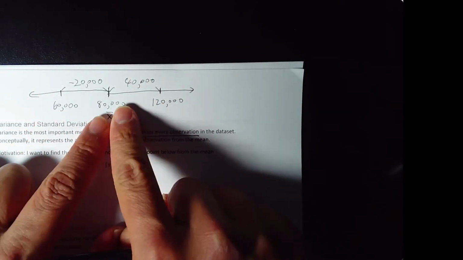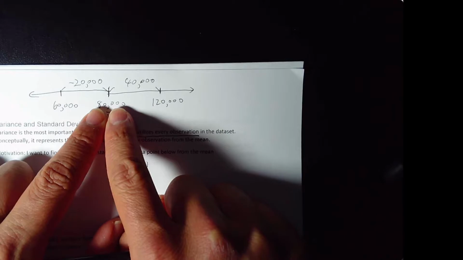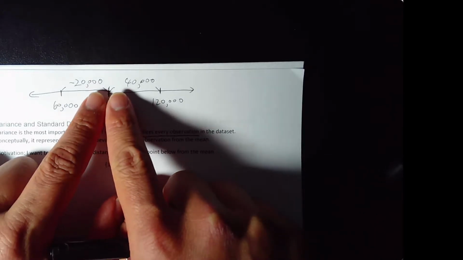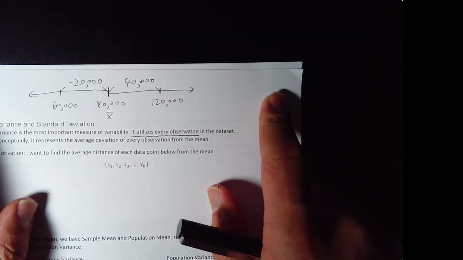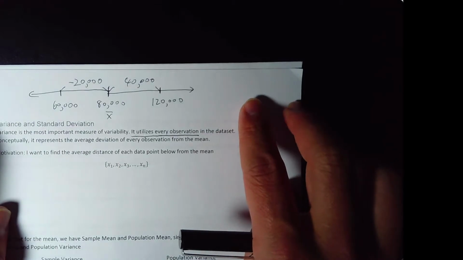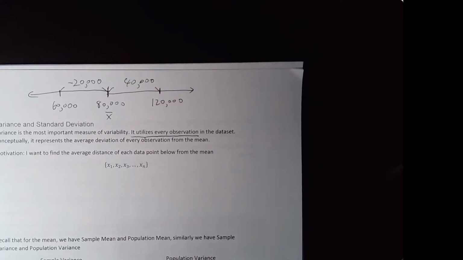A population with a small deviation means most people make around the average. A population with a very large deviation means you have a lot of people that are very poor and a lot of people that are very rich, so everybody's kind of spread out. That might be good or bad, depending on what you're measuring and what you're trying to do. So this is a very important measure, and we want the average distance.